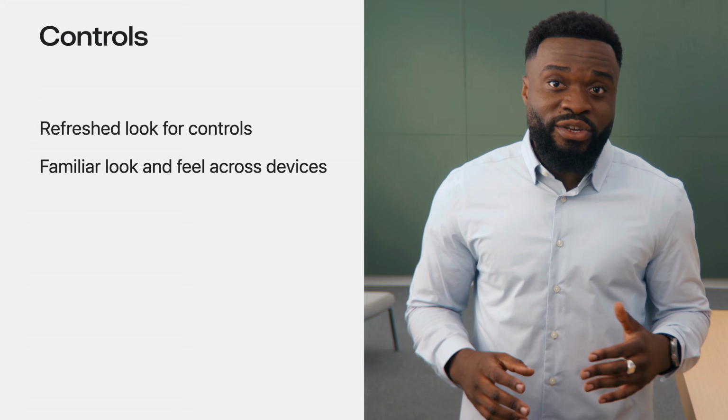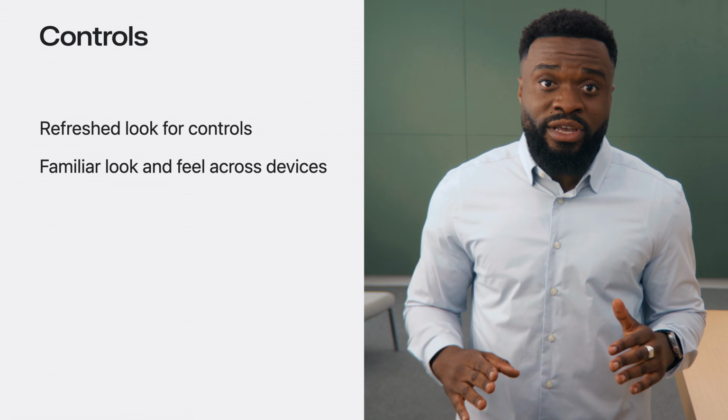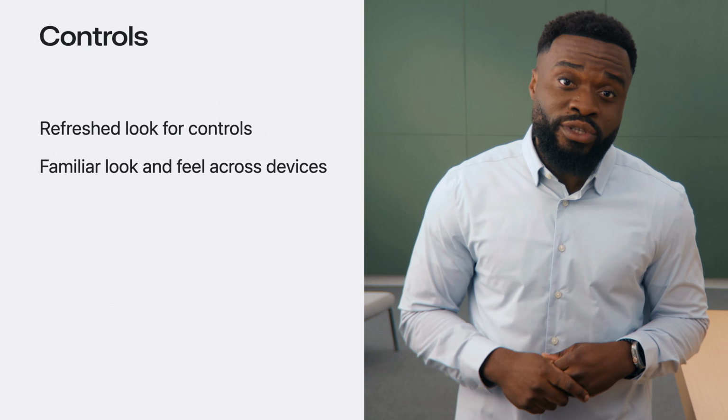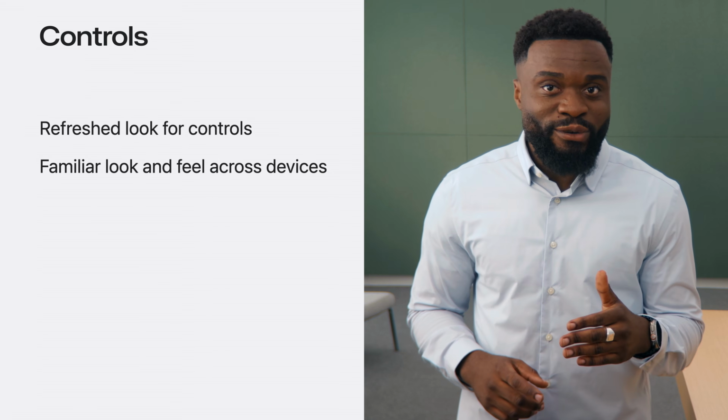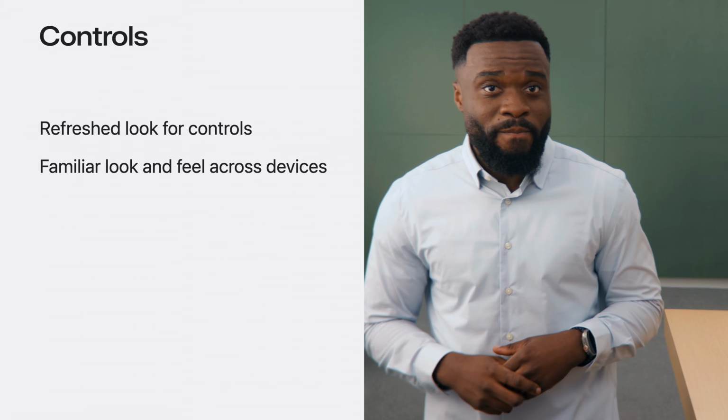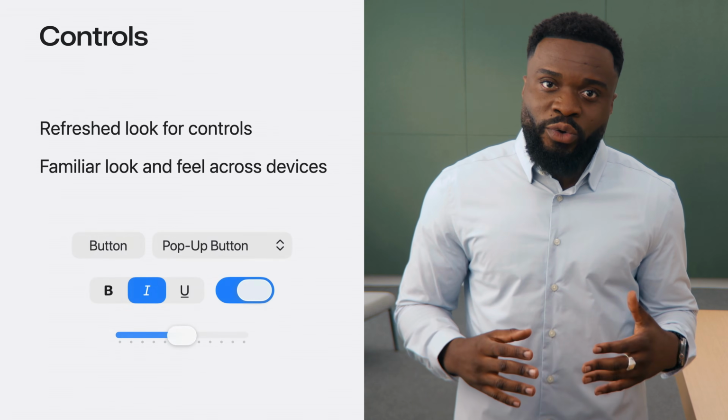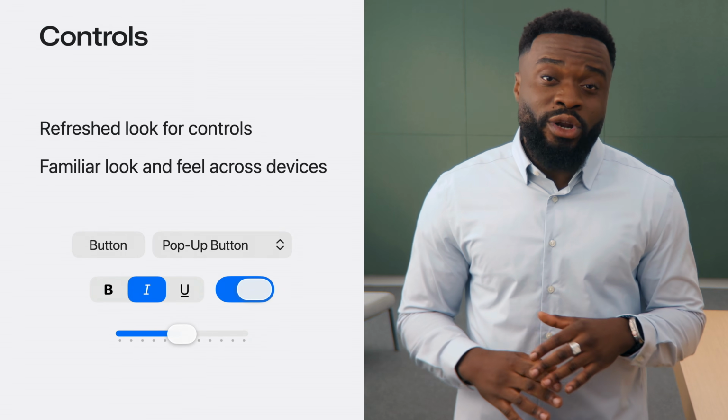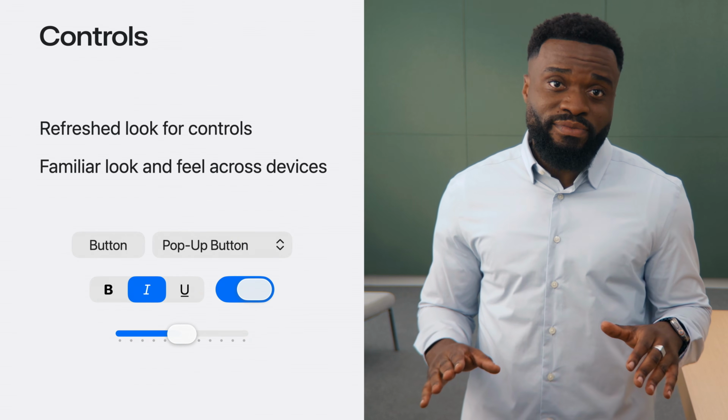Speaking of control, next, I'll turn to updates to standard controls. The new design creates a strong family resemblance across platforms for controls like buttons, sliders, menus, and more. I'm going to start with updates to buttons, one of the most common controls.